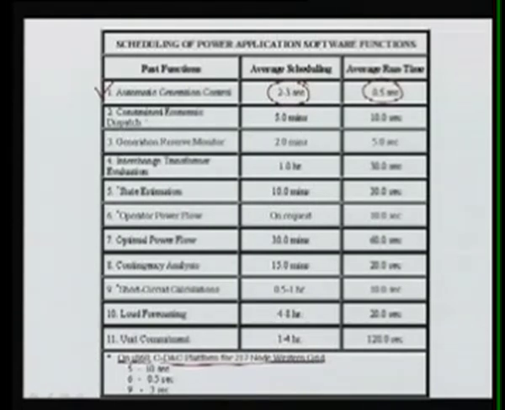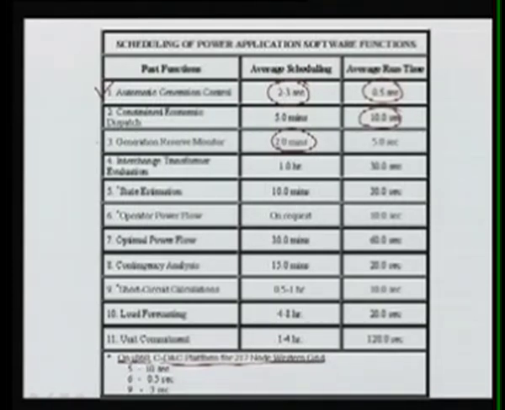At the same time, we require the constrained economic dispatch. It is also called the optimal power flow study, and that requires 10 seconds of run time. This is basically the CPU time. However, the average scheduling time requires 2 minutes because we have to change the settings of generators, etc. So that requires a fraction of minutes.